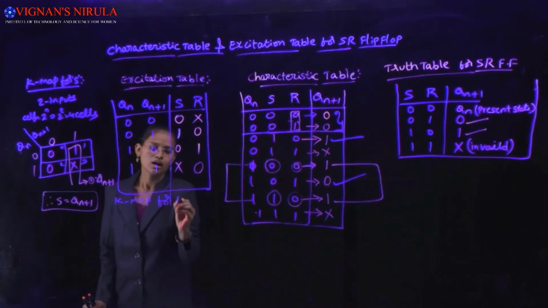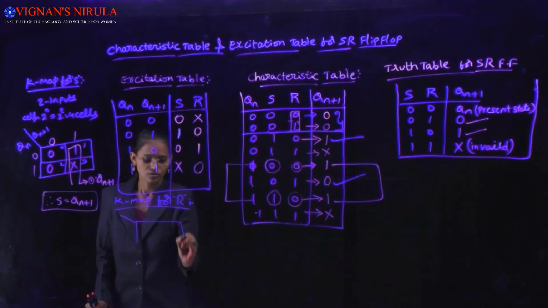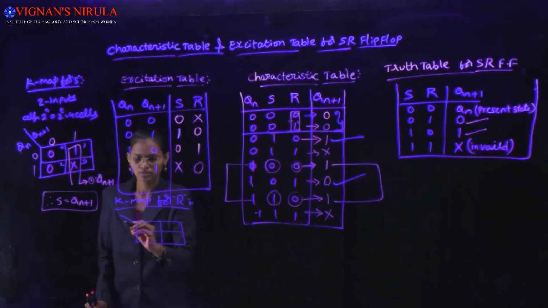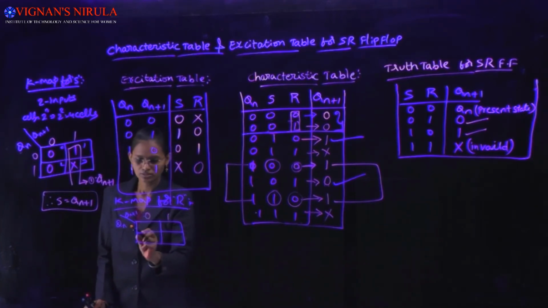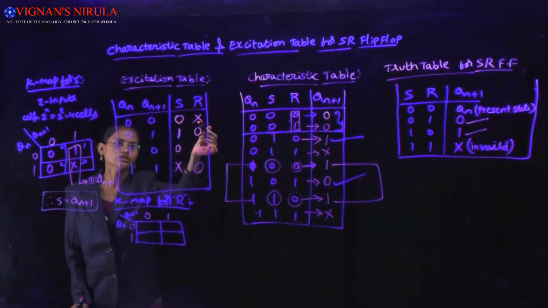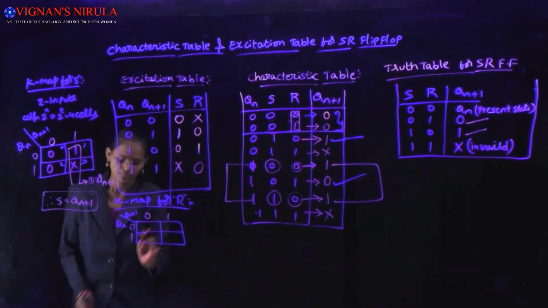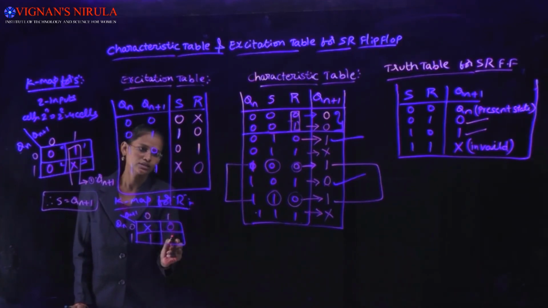Here also 4 cells grouping. This is Qn plus 1, 0, 1, 0, 1. In R, the outputs are 0 cell is X, 0 cell is X, and 1 cell is 0, and second cell is 1, and third cell is also 0.